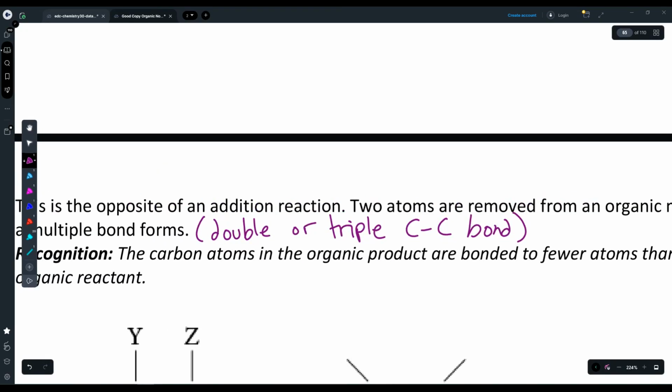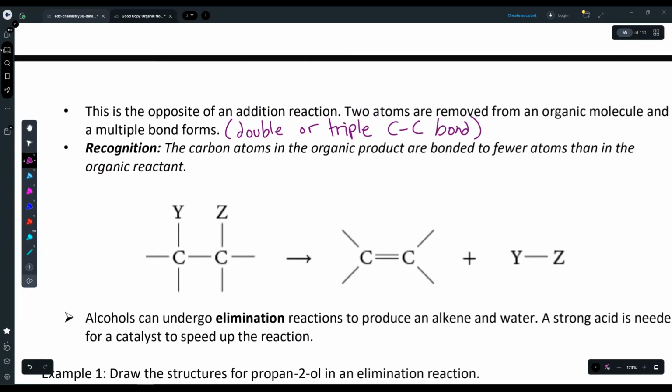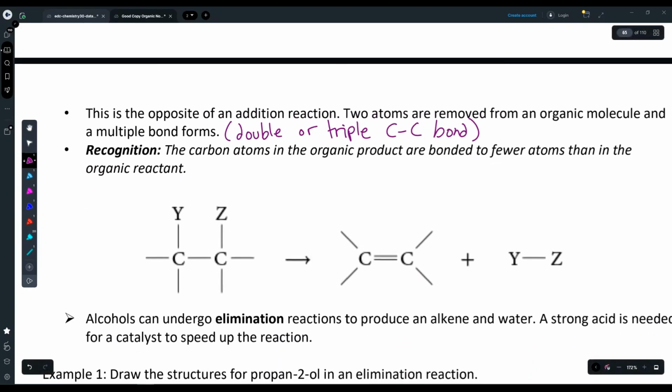One way you can recognize it, if you're looking at a reaction with the reactants as well as the products, is that the carbon atoms in the organic product are bonded to fewer atoms than in the organic reactant.